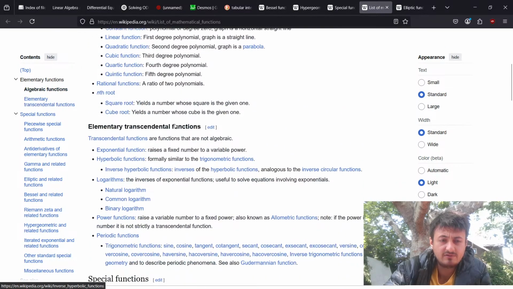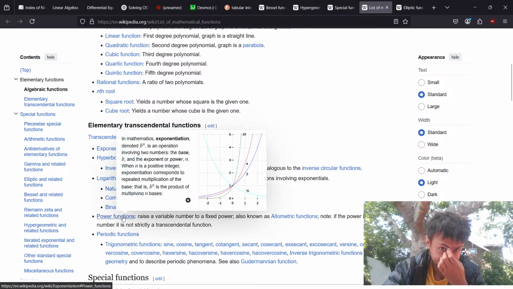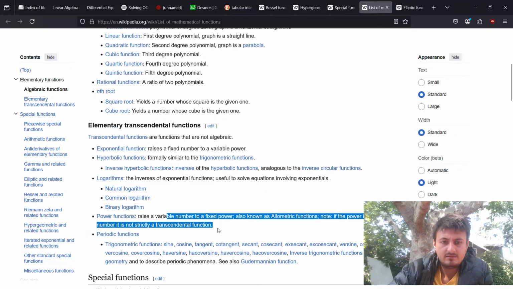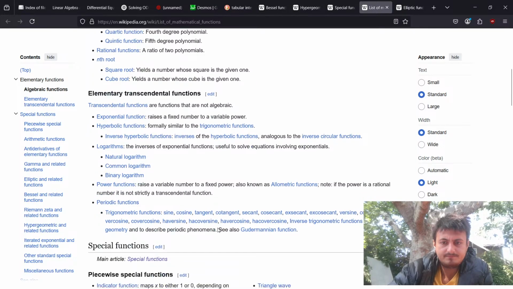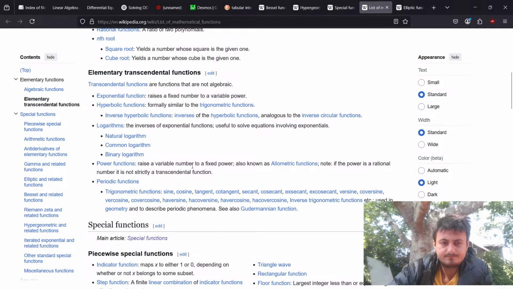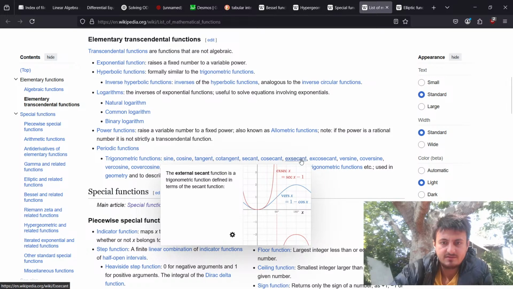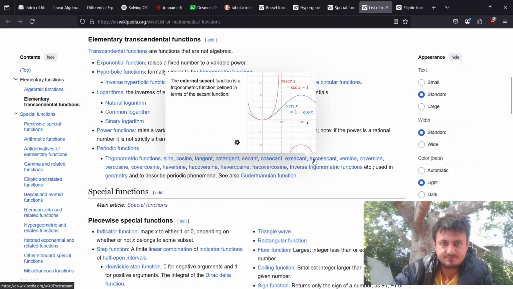Wait. How is a power function not... what is x secant? I've never even heard of these. That's crazy.